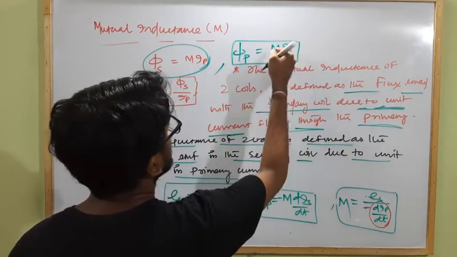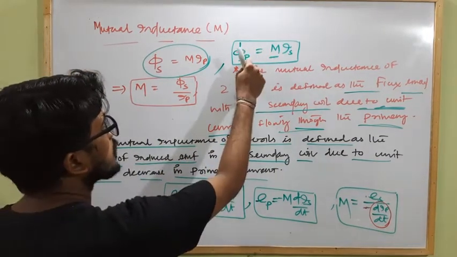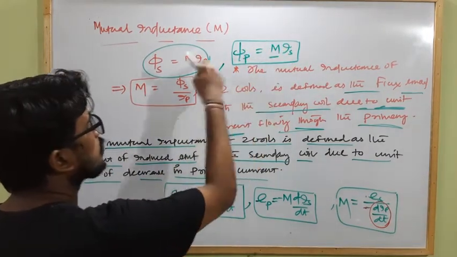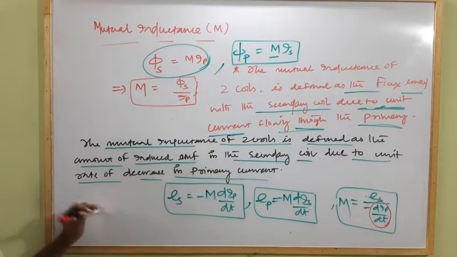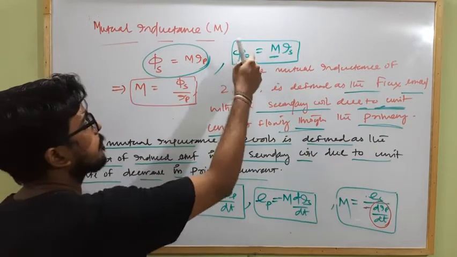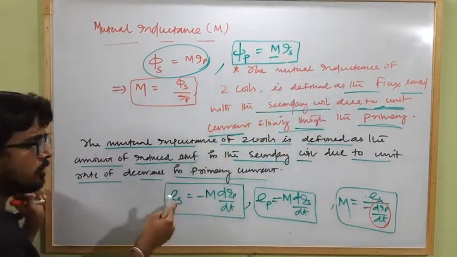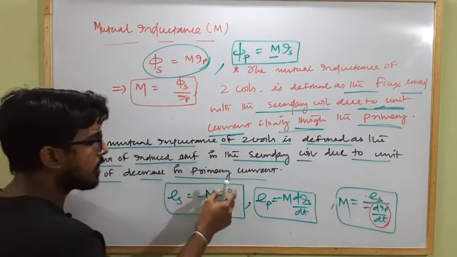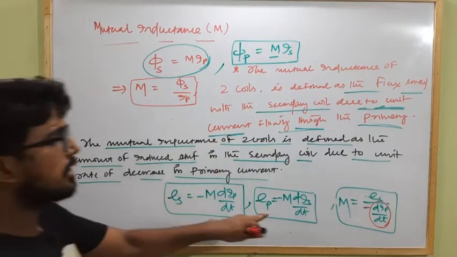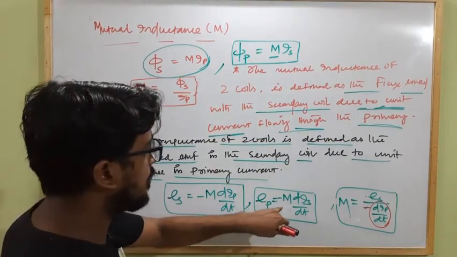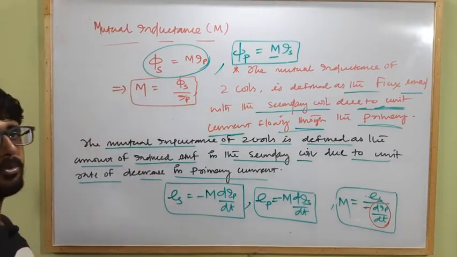As mutual inductance is a bidirectional coefficient, it can relate both flux in primary with current in secondary and current in primary to flux in secondary. Clear? So you have to remember this formula: the flux linked with primary equals mutual inductance into current in secondary, or the induced EMF in secondary equals mutual inductance into the negative rate of change of current in primary, and the induced EMF in primary equals the negative rate of change of current in secondary with mutual inductance of both the coils.